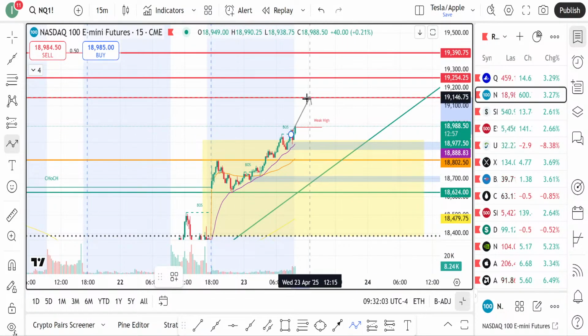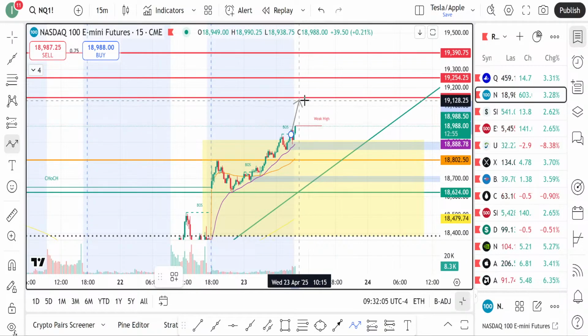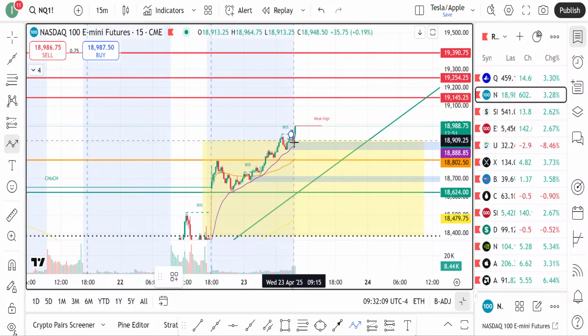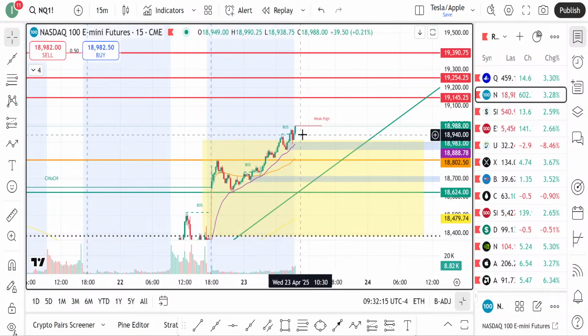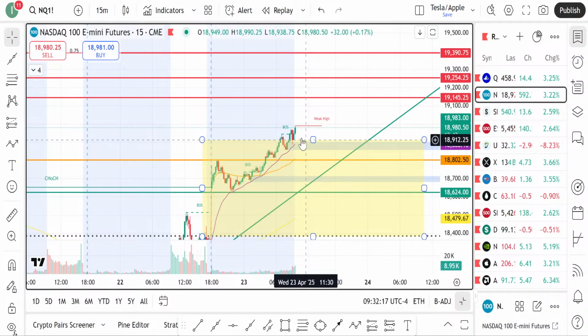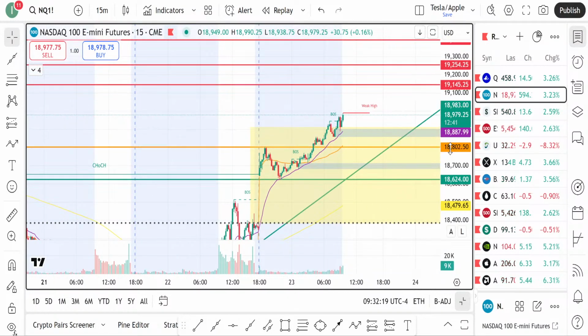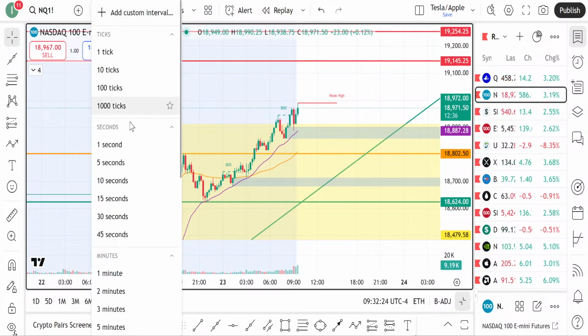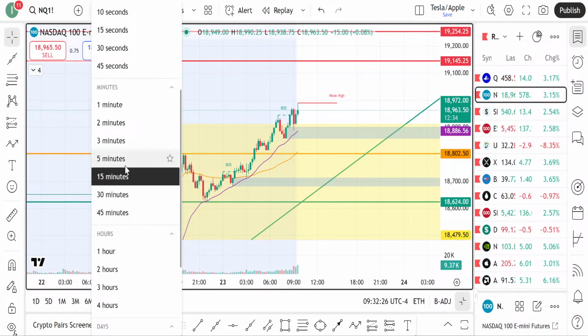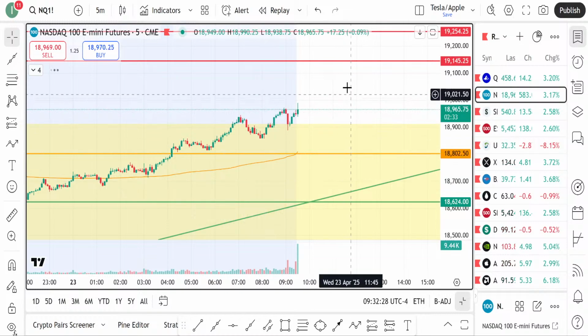If we go up here, I'm gonna look for some kind of rejection at the highs. But to get back up there, I'm gonna wait a little bit more so I can get a better idea of what price is wanting to do. We'll go down to the 5-minute time frame and scope everything out from there.